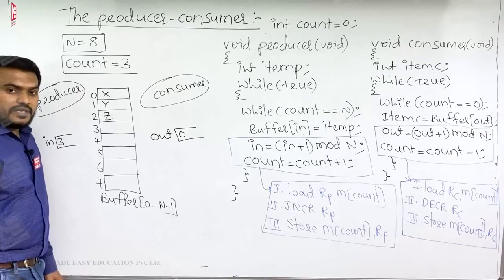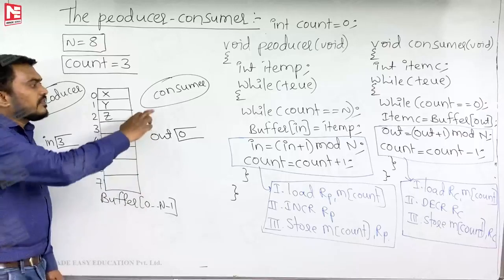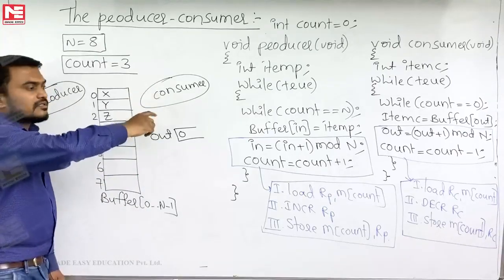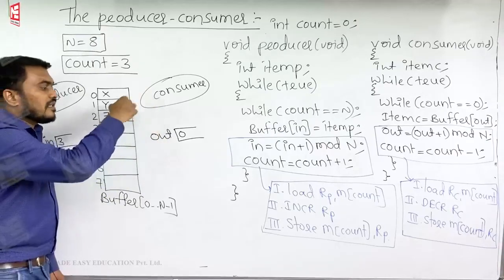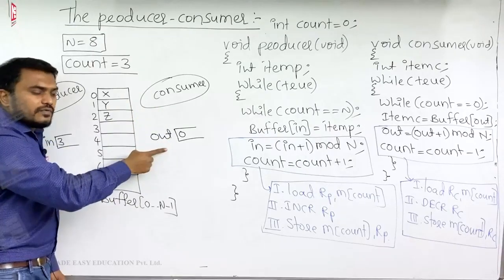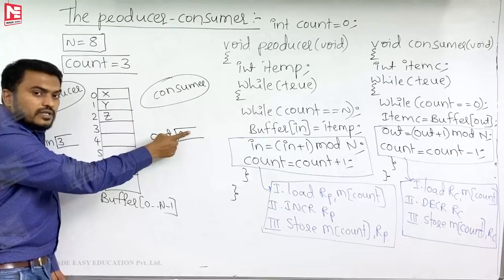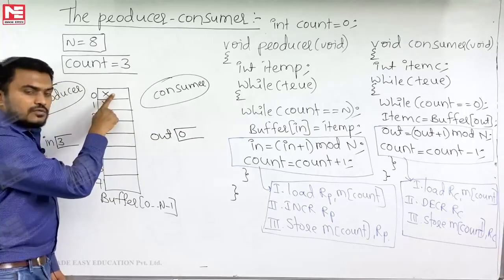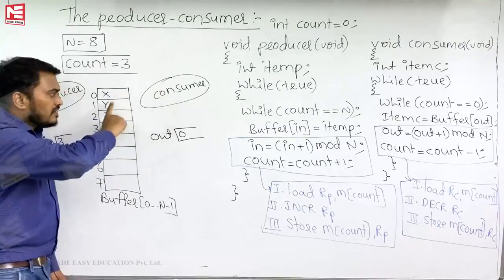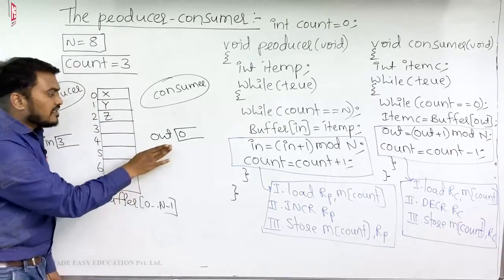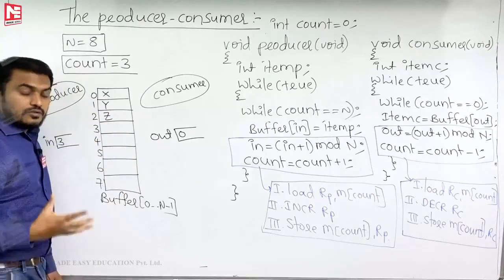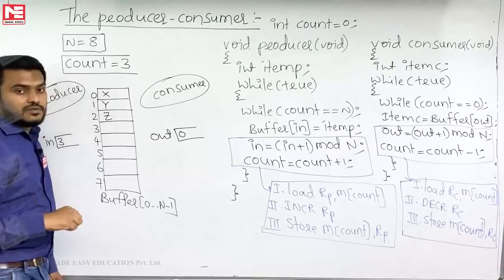So it means, from where does it have to consume? That is identified by the out variable. Remember, out is now pointing to 0 here. So first it will consume item 0, and afterwards it will consume item 1, next item 2. Is that clear? So that is the purpose of the out variable, to identify from where it has to consume the item.